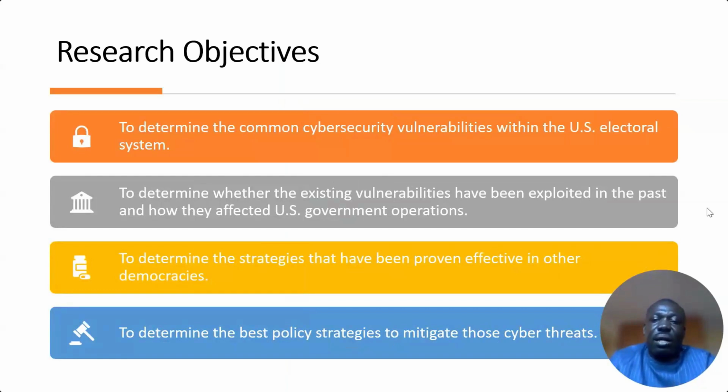Secondly, I analyzed past cyber incidents to understand and counteract the tactics used by adversaries. I also incorporate proven cybersecurity practices from other international experiences. And lastly, I'm developing comprehensive and proactive security strategies to enhance our electoral resilience through rigorous practice and public education.